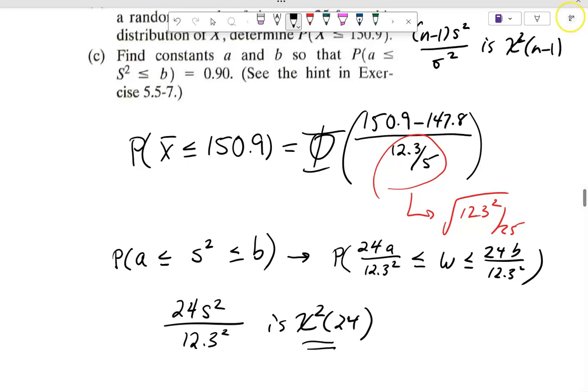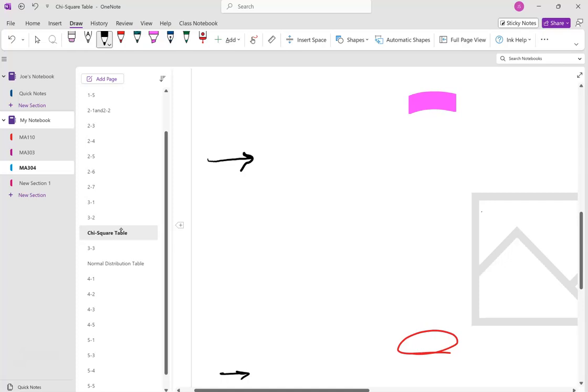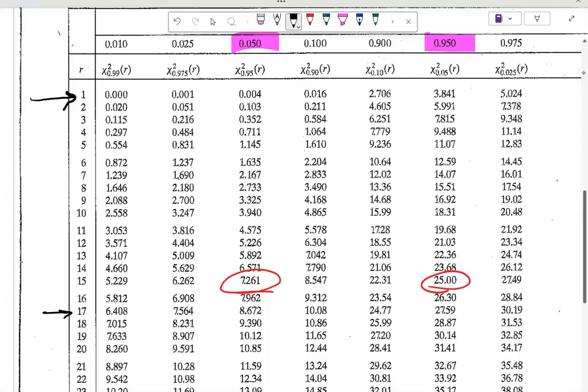So going back over to our chi squared distribution table, there it is. Looking up at the top row, what's the only combination of columns I can use to get a 0.9 when I'm done? If I have two constants, one on either side.